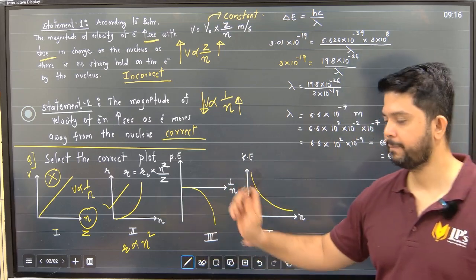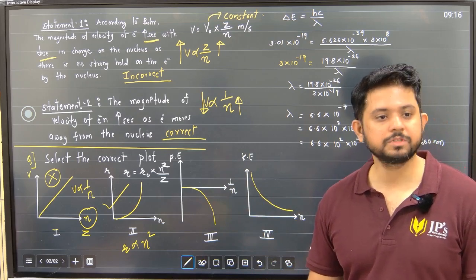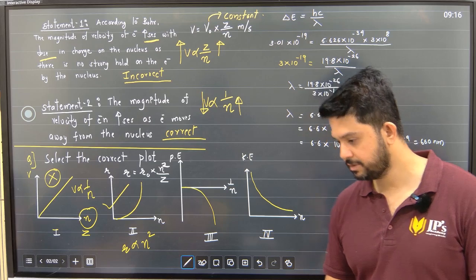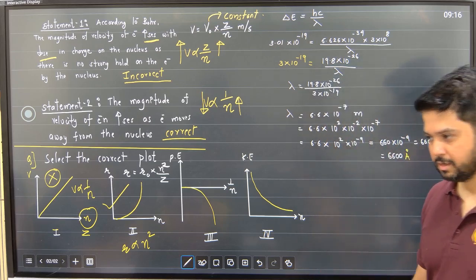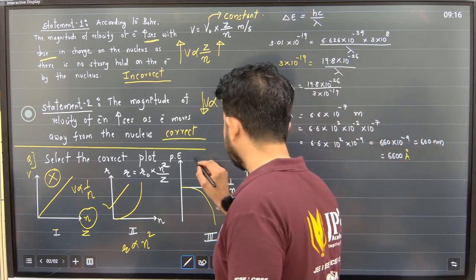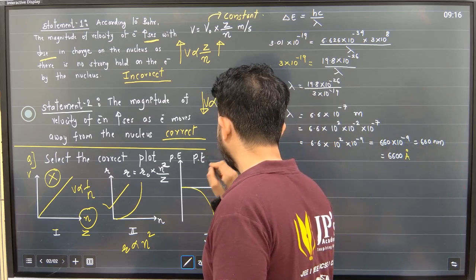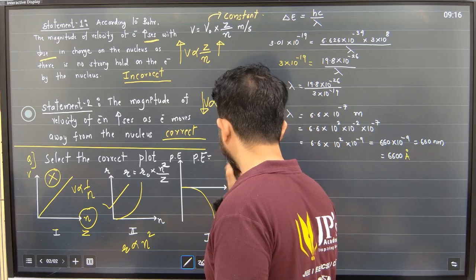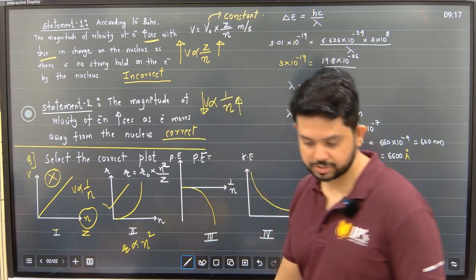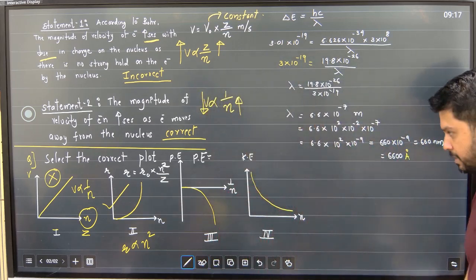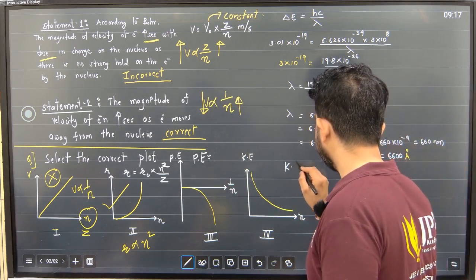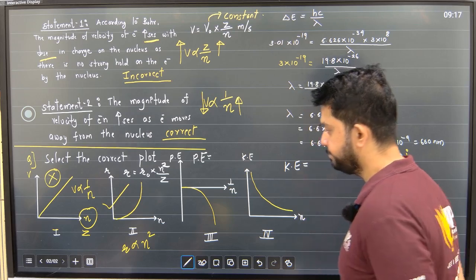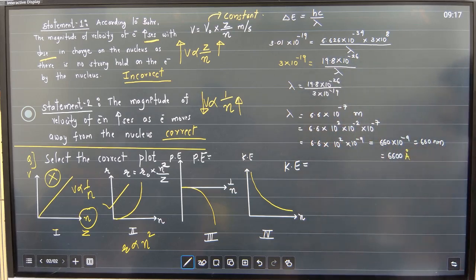Next, potential energy. What was the formula that we derived for potential energy? Go to Bohr's postulates. Potential energy और kinetic energy का formula देखो हमने क्या derive किया था. पोटेंशियल एनर्जी का फॉर्मूला हमने क्या डिराइव किया था?